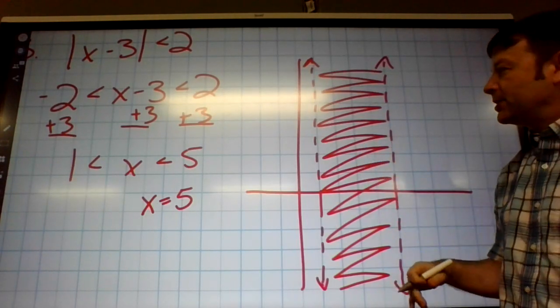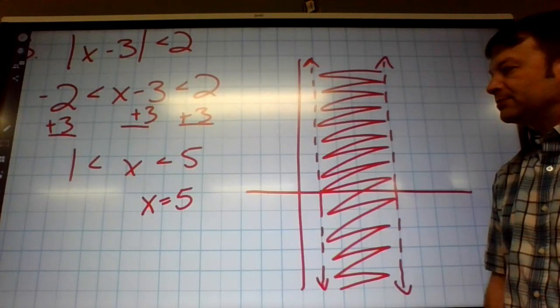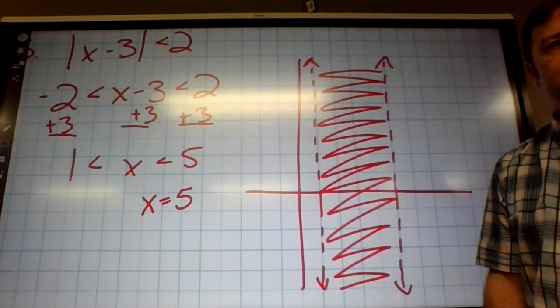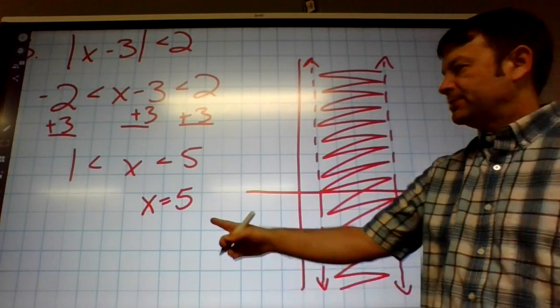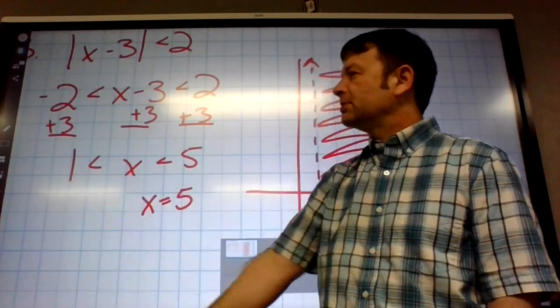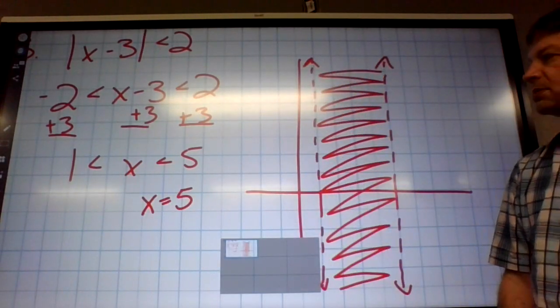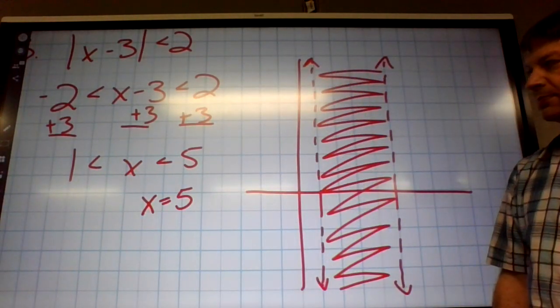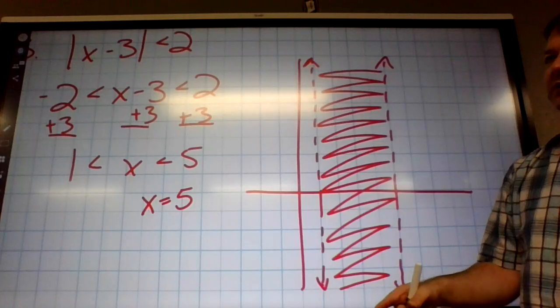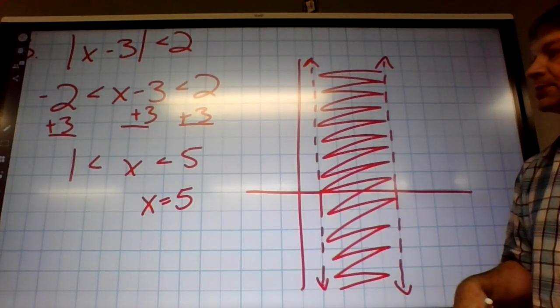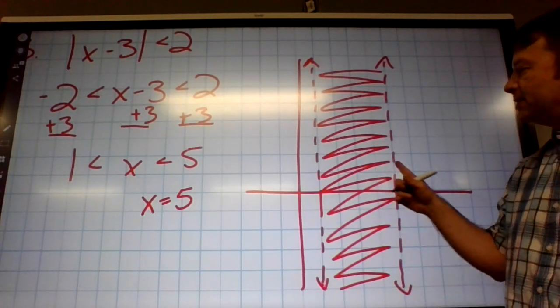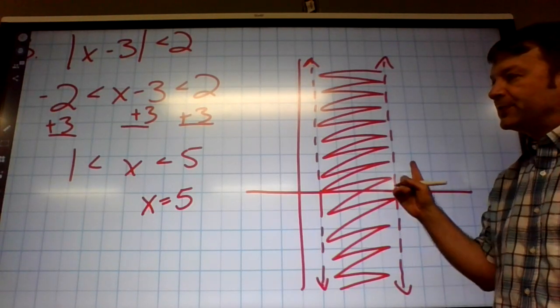It doesn't actually get there. Wait, so the dash is the not equal to? Right, so these are both dashed. And then equal to is a solid line. It's a solid line because the points on that line are part of the solution. If it's a dashed line, they're not part of the solution.